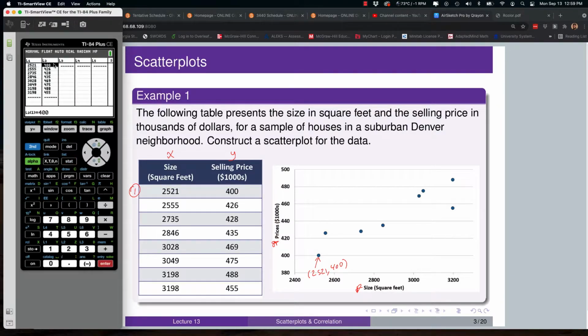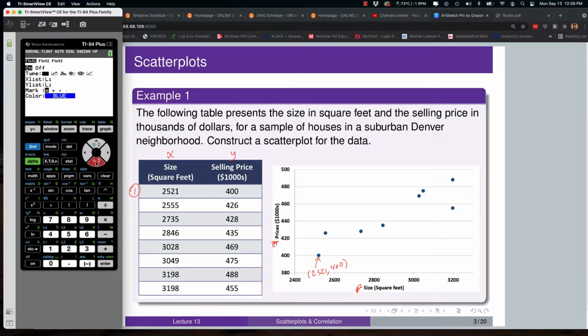Put your x values in list 1 and your y values in list 2. Then make sure your scatter plot option is turned on in your stat plot menu. Hit second, y equals, and go to plot 1. Let's turn it on. The very first option you see there is the scatter plot option. That's the one you want.